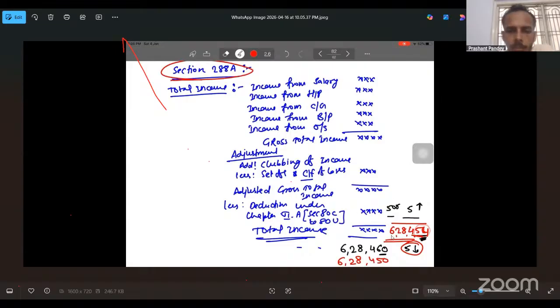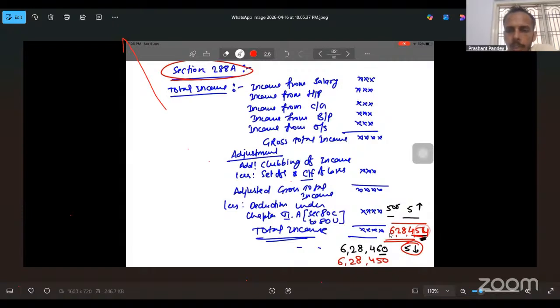Now, once we derive the total income, the income tax law provides a provision under section 288A for rounding of total income. Okay. Now, what is rounding of total income? That is for convenience. This rounding mechanism is being given for the purpose of convenience.